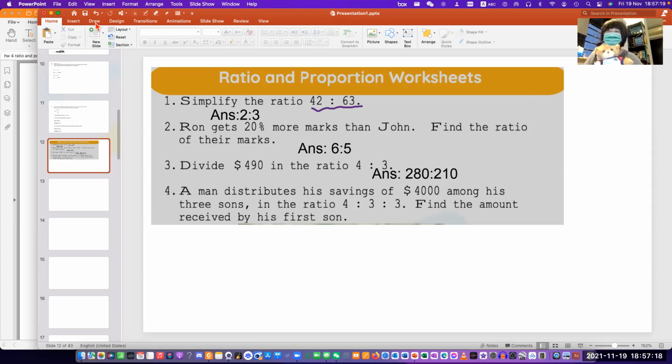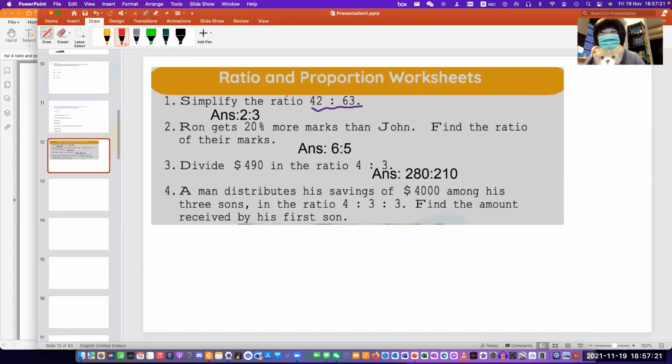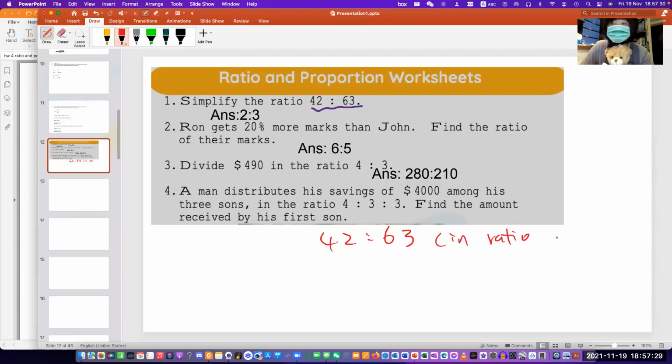Okay, good. So over here, the first question, you are given 42 to 63. This is in ratio format. In fact, if you are given 42 to 63 in ratio format, you could have just written 42 over 63.